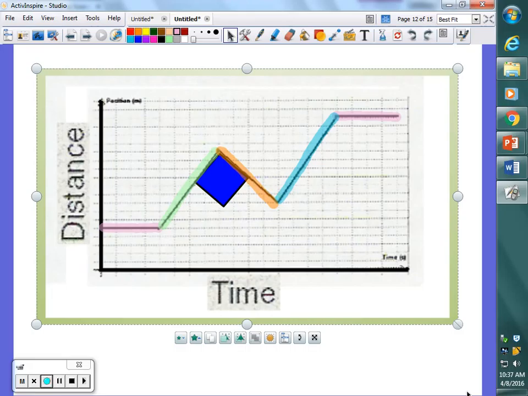The blue square on there is because two lines that have the same absolute value of slope but different signs are perpendicular to one another. If they fit in the corner of the square, that means they're perpendicular to one another, a 90-degree angle. Speed doesn't tell you anything about direction.